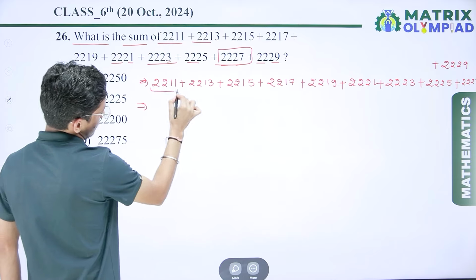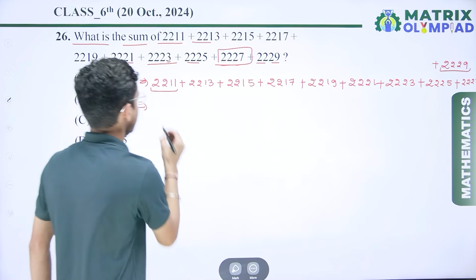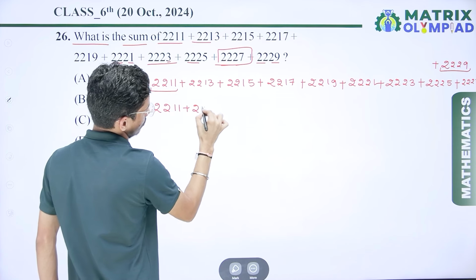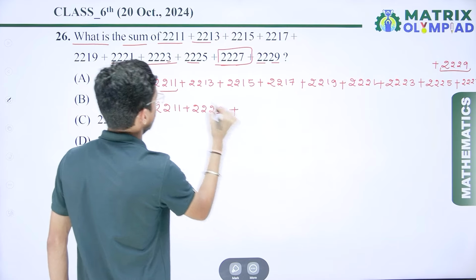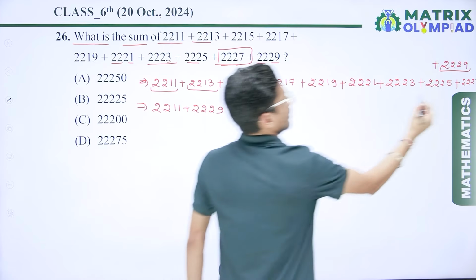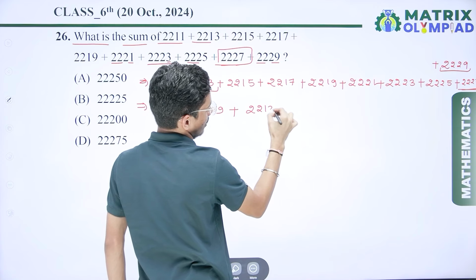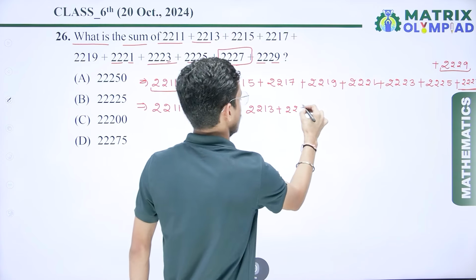So here if I add first this one and this number, I can say 2211 plus 2229. Again if I add the second one and this one, 2213 plus 2227.